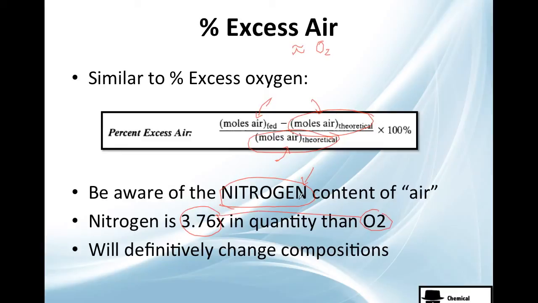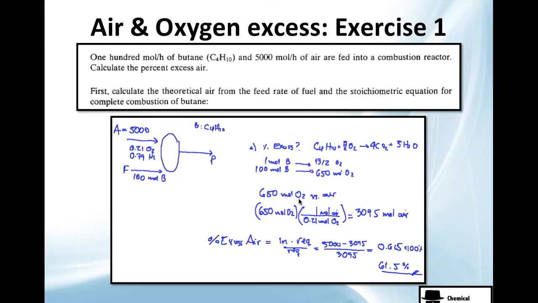So let's do this exercise. Easy. 100 moles of butane and 5,000 moles of air per hour are fed into a combustion reactor. They ask you to please calculate the excess air. So let's get the equation, C4H10, we balance it, and we have the coefficients 1, 13/2, 4, and 5.